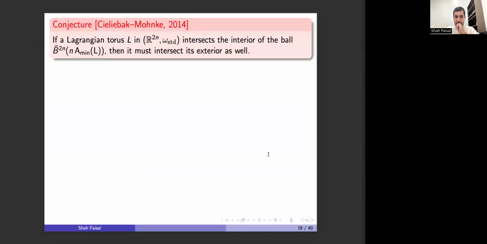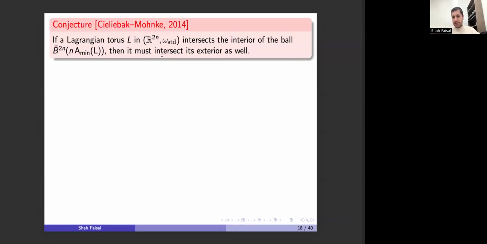Okay, so what does this symplectic area measure? There's a conjecture by Cieliebak-Mohnke, and it says that if you take a Lagrangian torus in the standard Euclidean space, and you try to enclose it in some round ball, then if you take a ball of size n times the symplectic area of the Lagrangian, you can't enclose it in that ball.